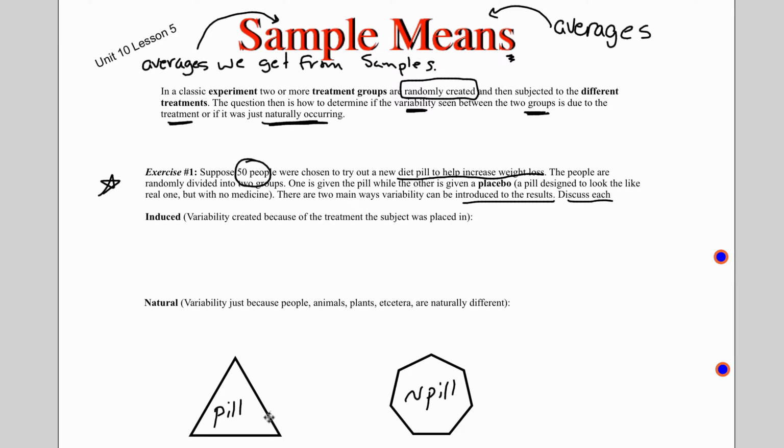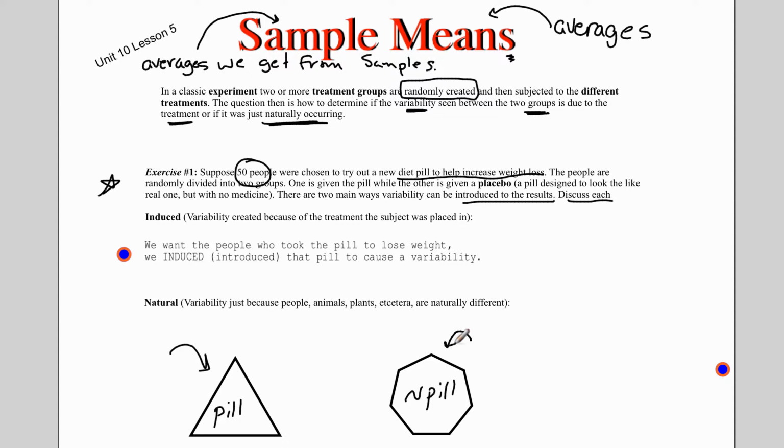So we induced the triangle and the, what is this? Hexagon. We induced that. We want the people who took the pill to lose weight. We induced that pill so that we can see that this group loses more weight than the second group. Now, at the end, we go and we study our results.